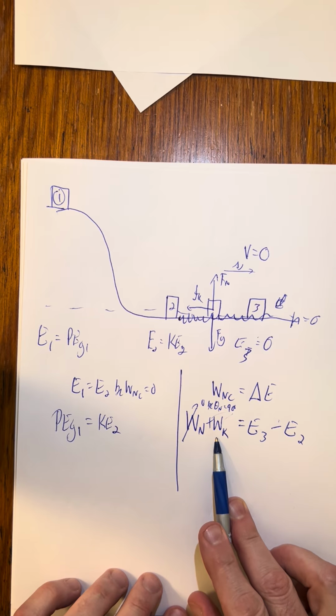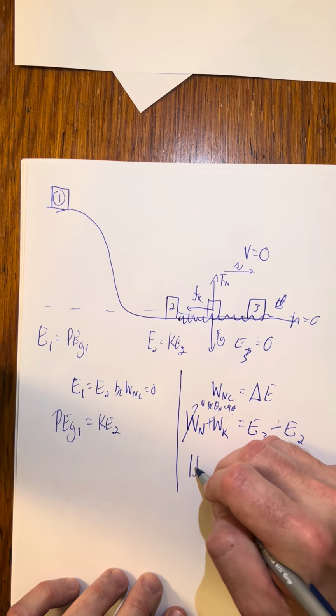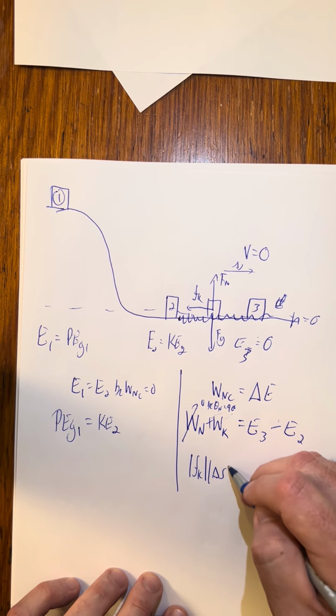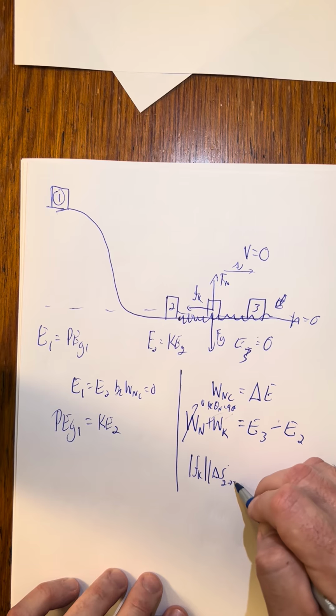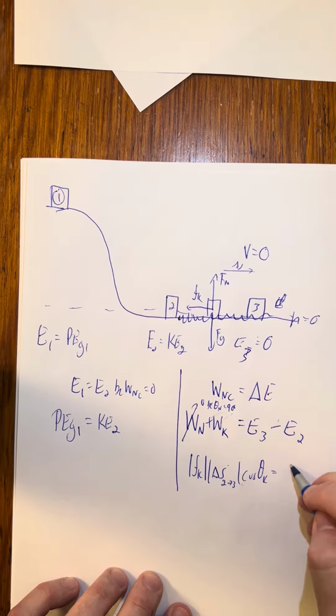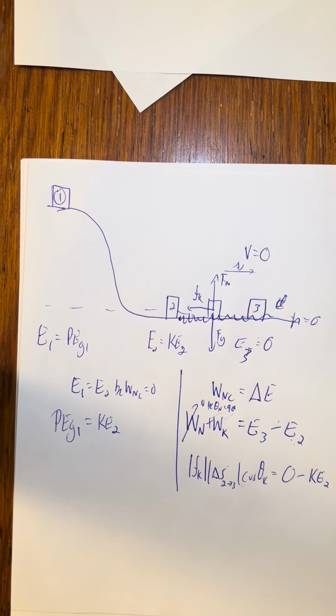So I just get the work done by friction is equal to the energy at 3 minus the energy at 2. And so that becomes the force of friction times the displacement between 2 and 3 times the cosine of theta k, is equal to the energy at 3, which is 0, minus the kinetic energy at position 2.